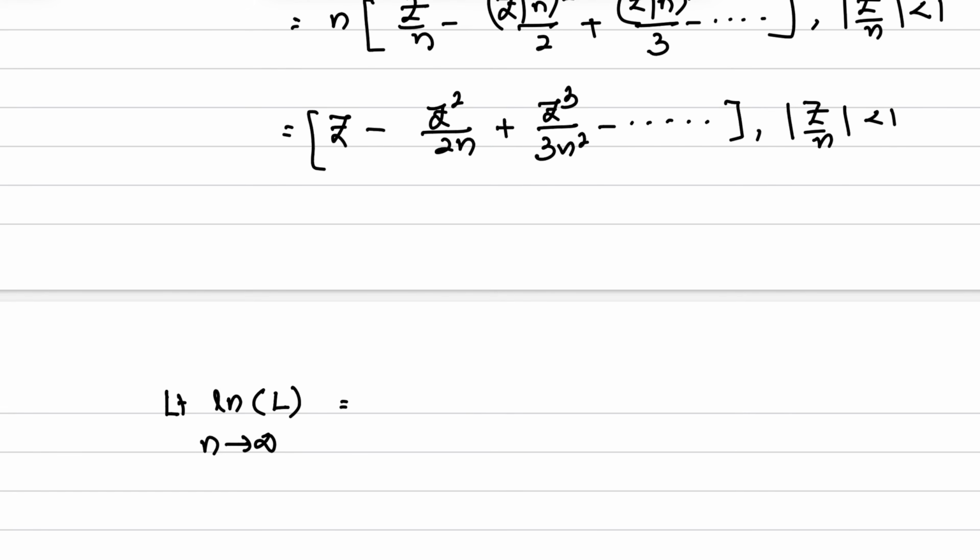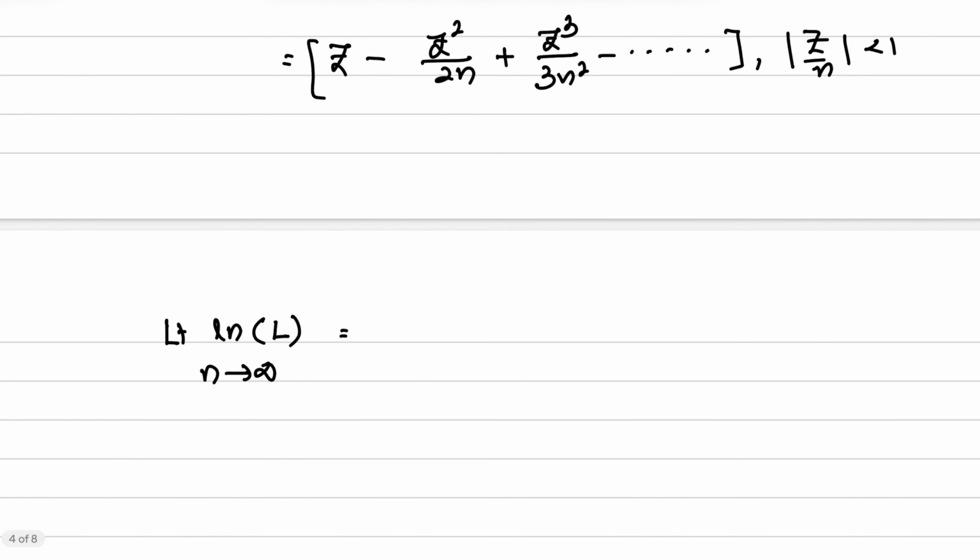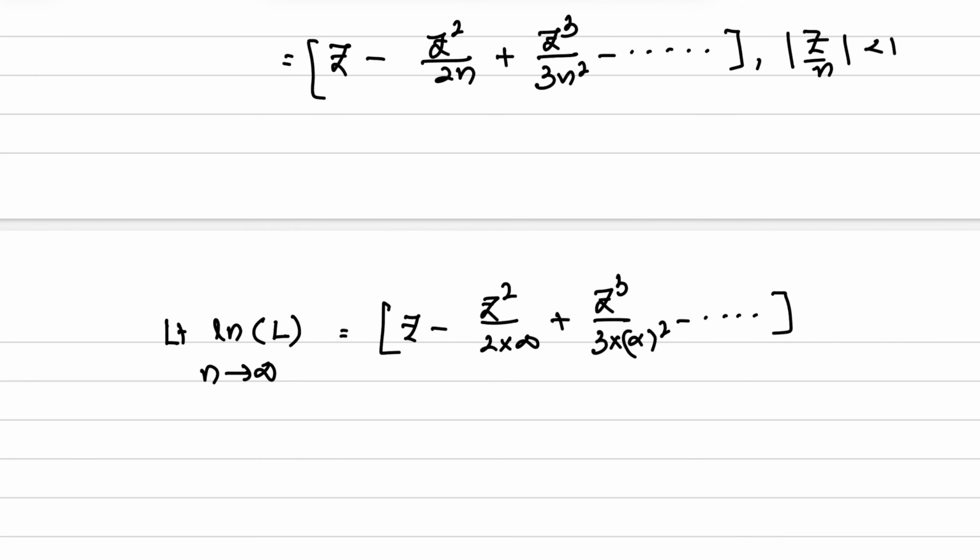If n tends to infinity in this equation, what happens? z minus z square by 2 into infinity plus z cube by 3 into infinity square minus and so on, provided z by n is less than 1.